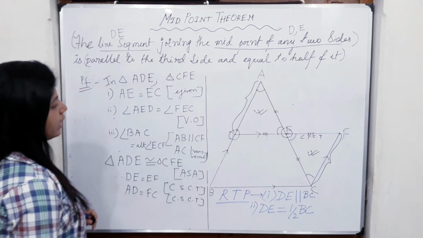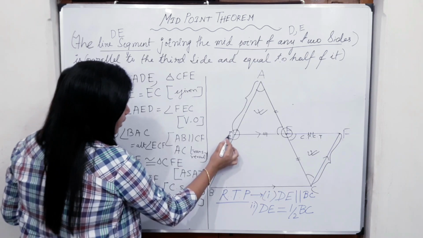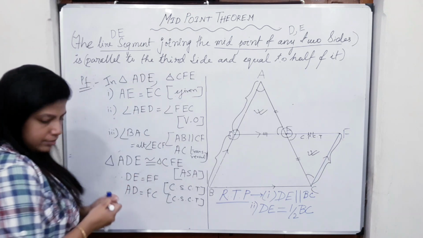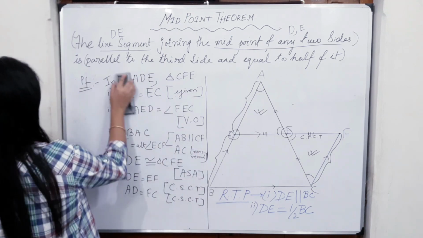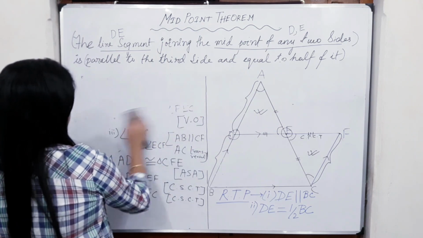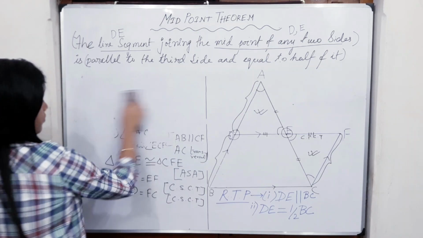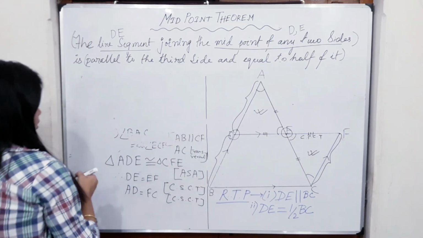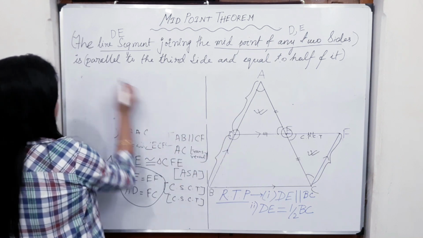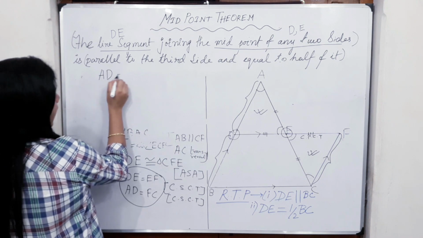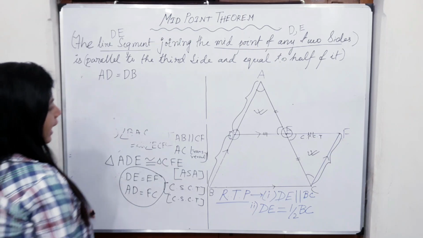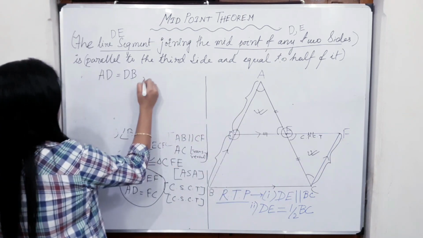Now we also know that AD equals DB. Why? Because D is the midpoint of AB. This one I need. So since D is the midpoint, we can write AD equals DB, and I have obtained till now that AD equals FC.